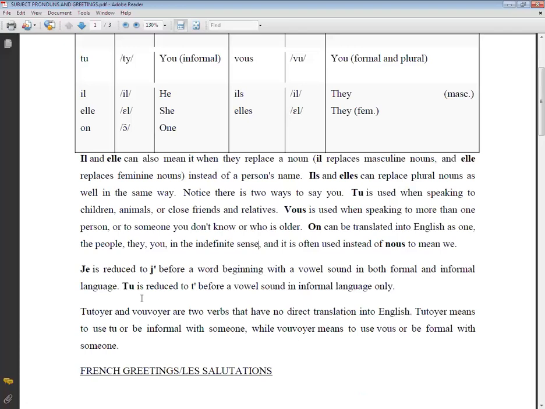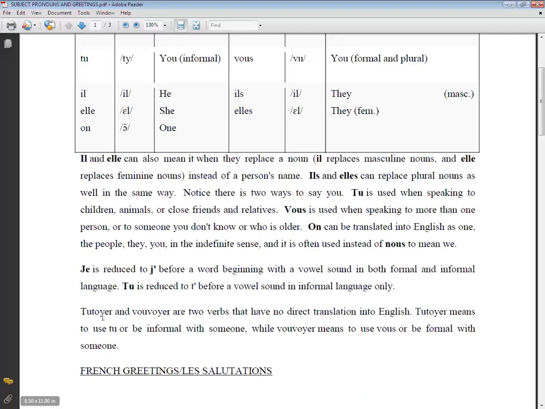Tu is reduced to t apostrophe before a vowel and before a vowel sound in informal language only. But remember, je is both formal and informal language, but tu only in informal language. I will explain that further on, later on as we proceed.